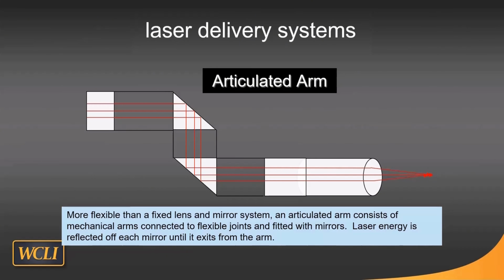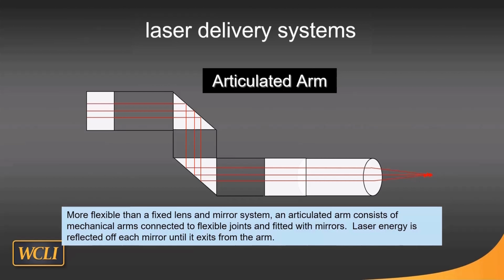And inside this, there are mirrors, so the laser energy comes out of the unit and bounces off these mirrors, and then it uses a focusing lens at the end to concentrate the beam. The issue with this is that, as you can imagine, it tends to be kind of a bulky setup and sometimes makes intraoral use a little bit impractical, just because there's usually something pretty large on the handpiece, and sometimes getting to certain areas of the mouth can be a challenge. But that's called an articulated arm.